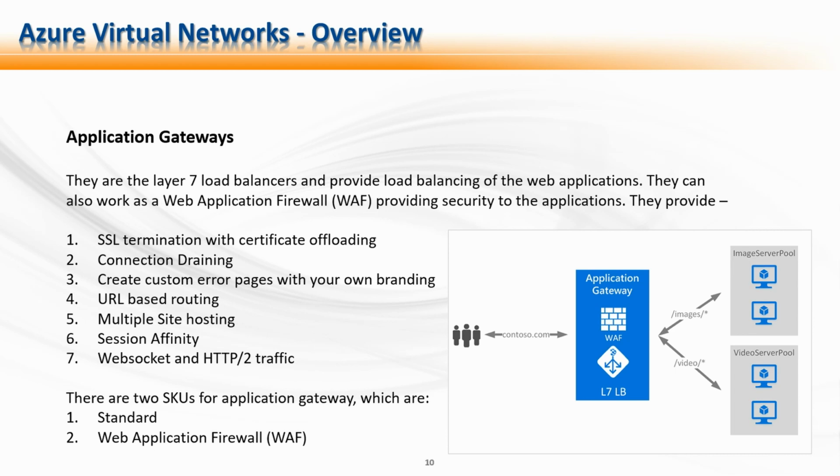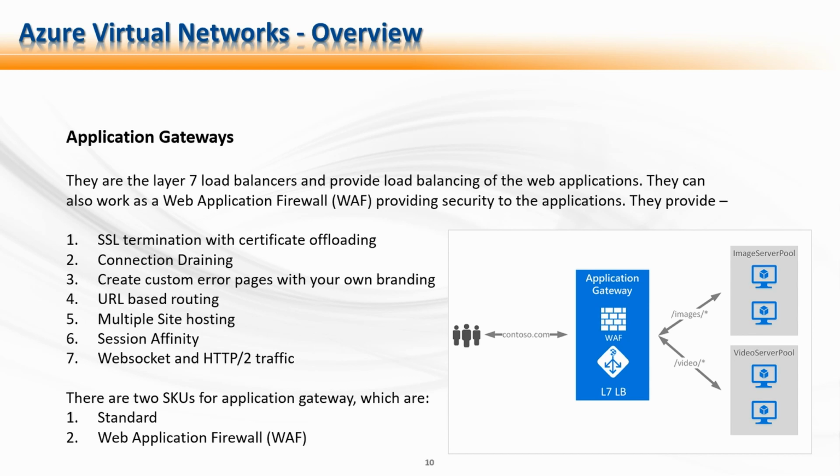They are always within the virtual network. That is, whenever you are creating an application gateway, it has to be created in a separate subnet within the virtual network. They offer SSL termination. Now, what is SSL termination?